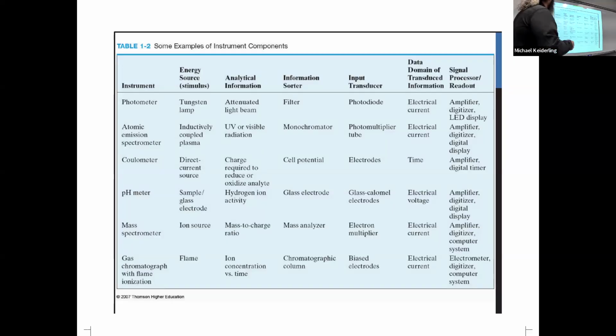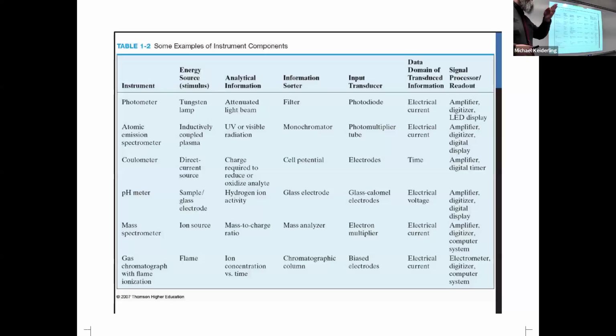Atomic emission spectroscopy, you have some inductively coupled plasma, like we have above us in these. Basically, you excite it magnetically to make a plasma. You get UV visible radiation out of that. You sort it with what's called a monochromator.